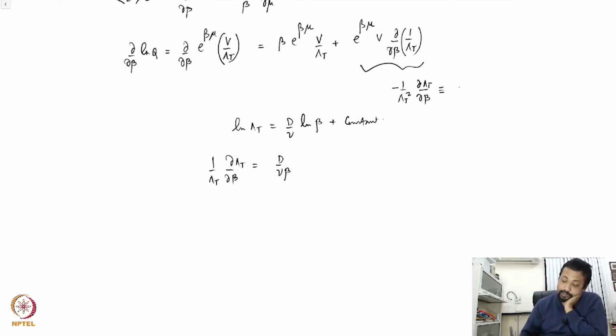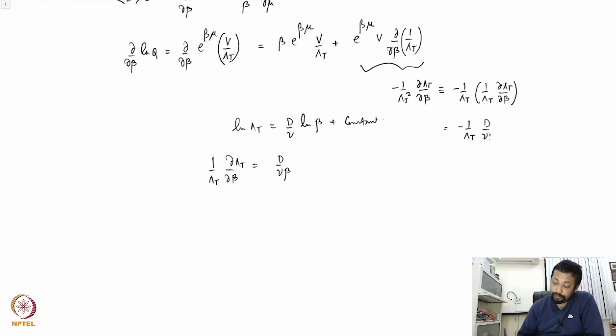So which means I can write this as minus 1 over lambda t times 1 over lambda t del beta, correct? I am a little bit worried about the negative sign. Yeah, that is okay. So this derivative is now minus 1 over lambda t d over nu beta, because this is the derivative which we are plugging in from here.